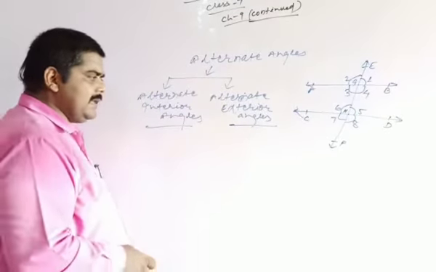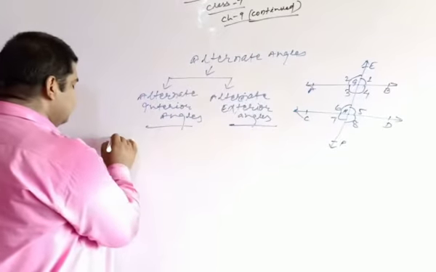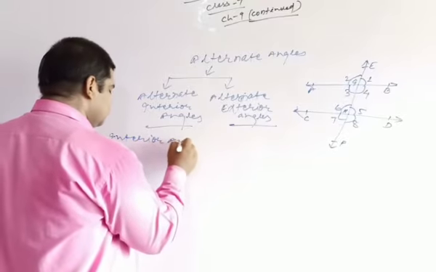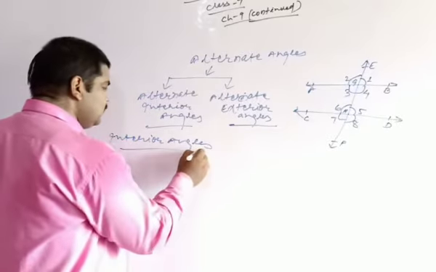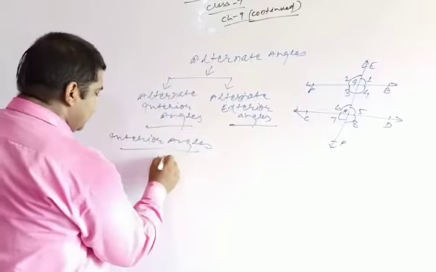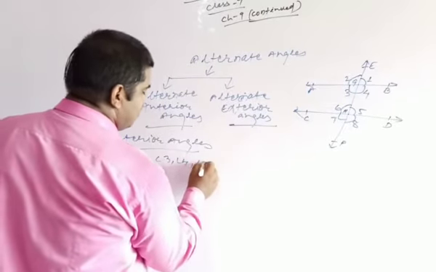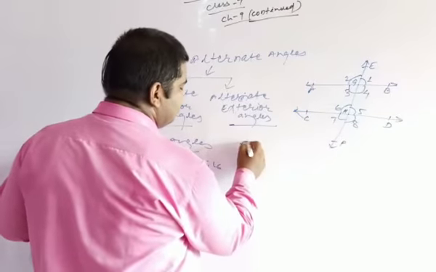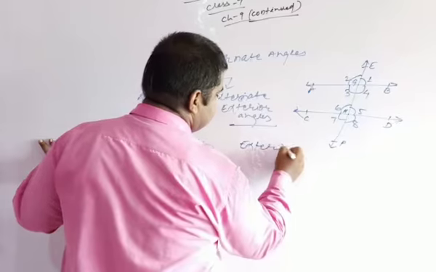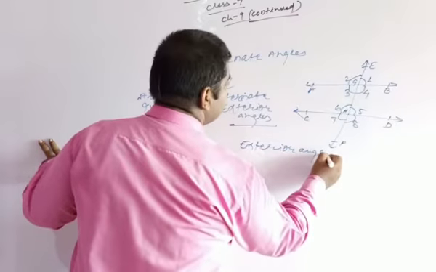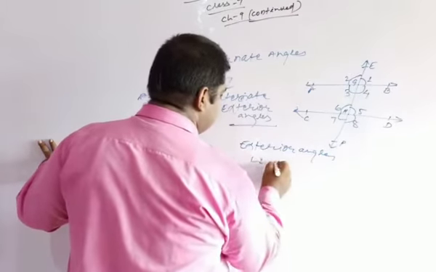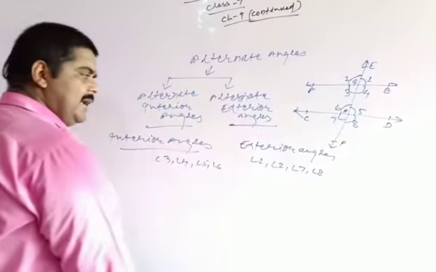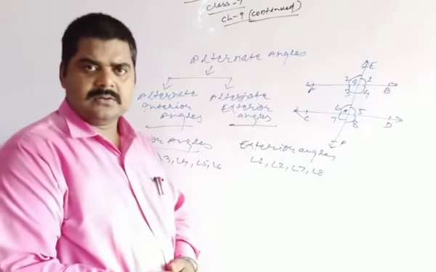You know very well that in this case angle 3, angle 4, angle 5 and angle 6 are interior angles, and angle 1, angle 2, angle 7 and angle 8 are exterior angles. What is the relation?